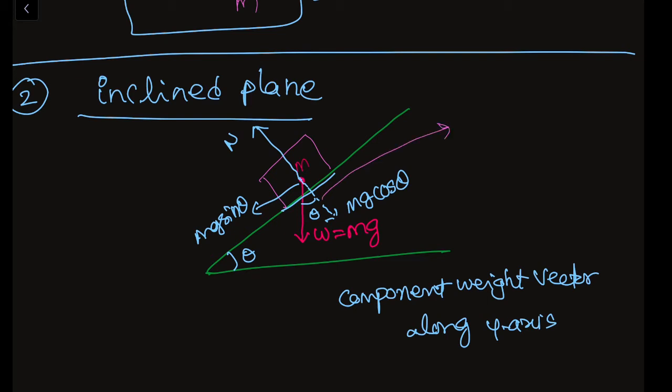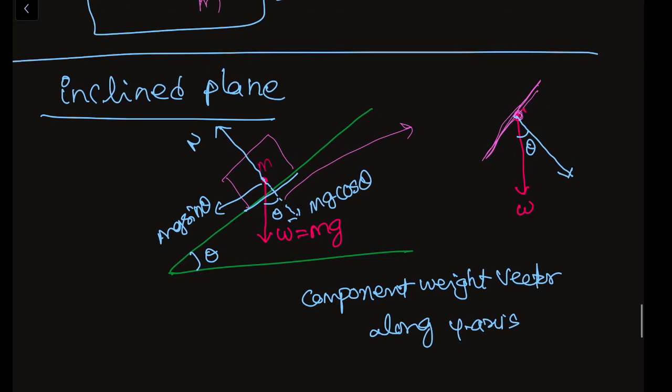Here we need to observe some phenomena. Here weight is downward, we know that, W. For this surface, the component of the weight vector along the adjacent side. Adjacent side, children.